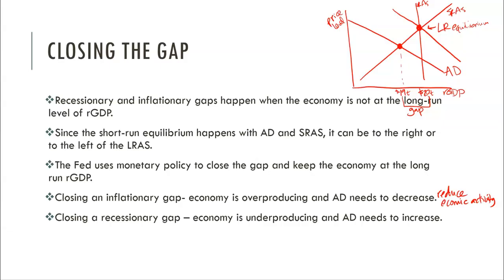They're trying to increase aggregate demand, stimulate the economy, right? Stimulate economic activity. They're trying to shift aggregate demand to the right. So that looks like what we have up here on this graph that I drew. So they want to close a recessionary gap. They want to increase aggregate demand. They're trying to stimulate the economy.